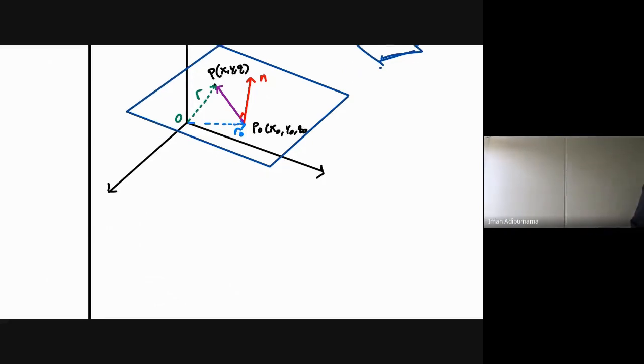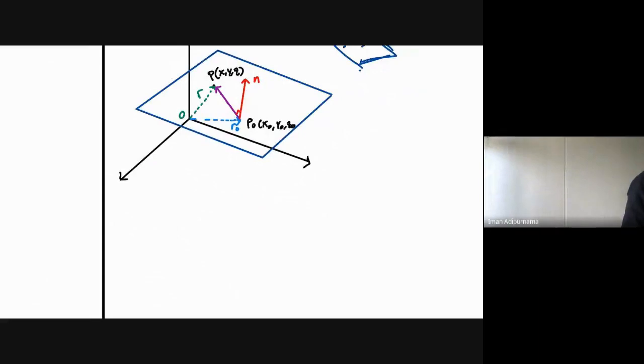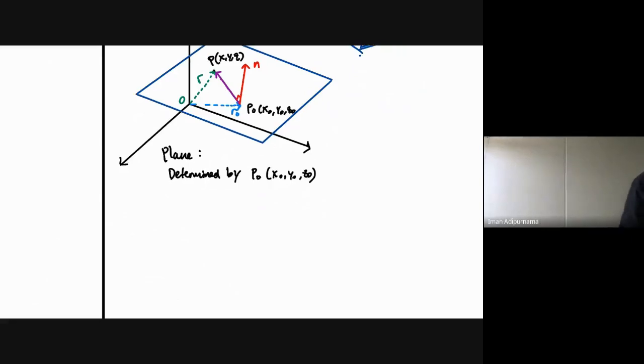Now the plane is determined by P0 and a vector n that is orthogonal to the plane. And it's called the normal vector.